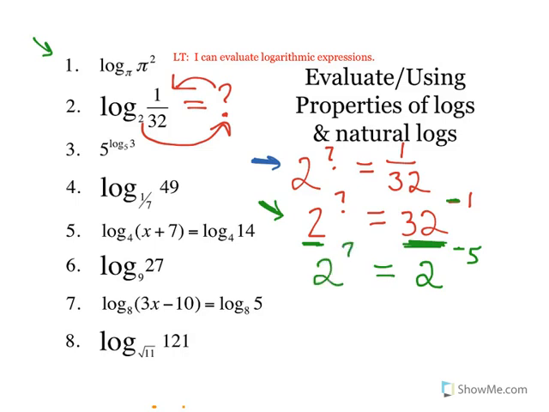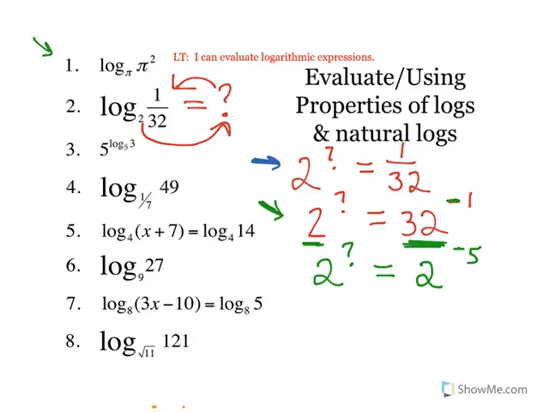And then the left side of my problem. 2 to what power equals 32 to the negative 1 power? That's not going to work for us. We have to rewrite 32 having the same base as 2.